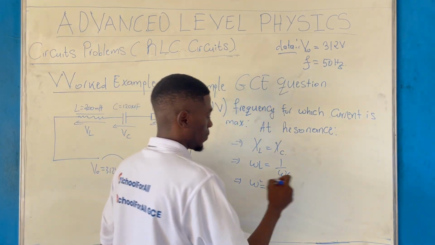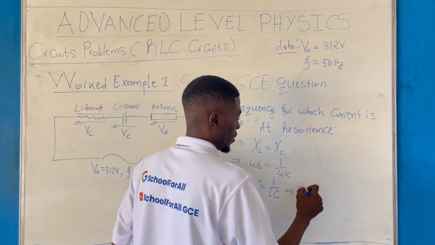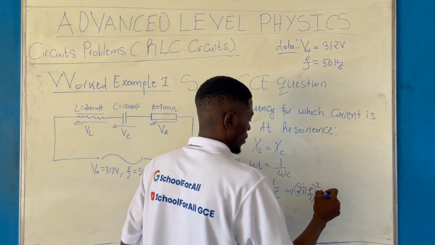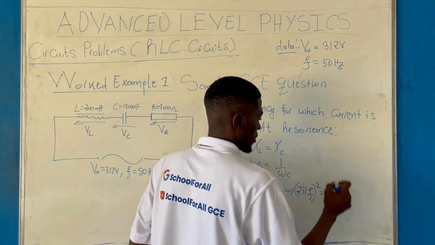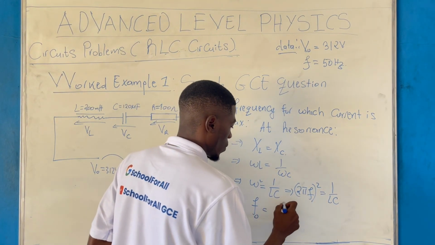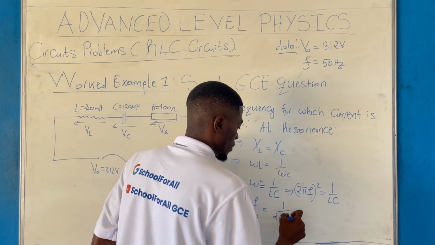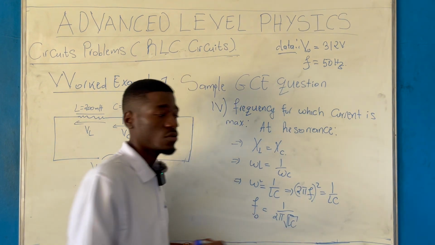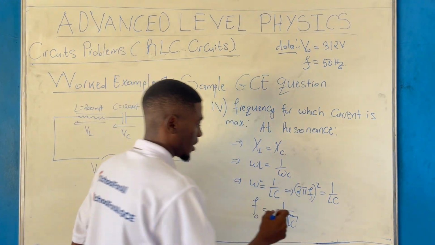We all know that omega is 2 pi f, so (2 pi f) squared equals 1 over LC. So our frequency at resonance is simply equal to 1 over 2 pi square root of LC. So that is the recall.